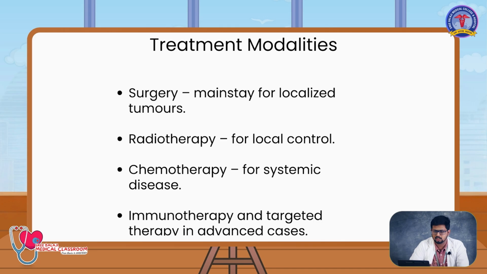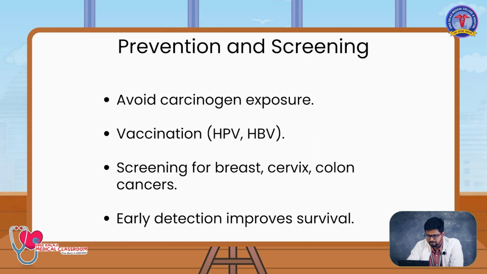Treatment modalities, as we discussed before: surgical management is the mainstay for localized tumors, radiotherapy for local control, chemotherapy for systemic disease, and immunotherapy and targeted therapy in advanced cases. Prevention and screening: to prevent any kind of tumor, avoid carcinogenic exposure, take proper vaccination like HPV and HBV vaccination if needed, and do regular screening for breast, cervix and colon cancers.